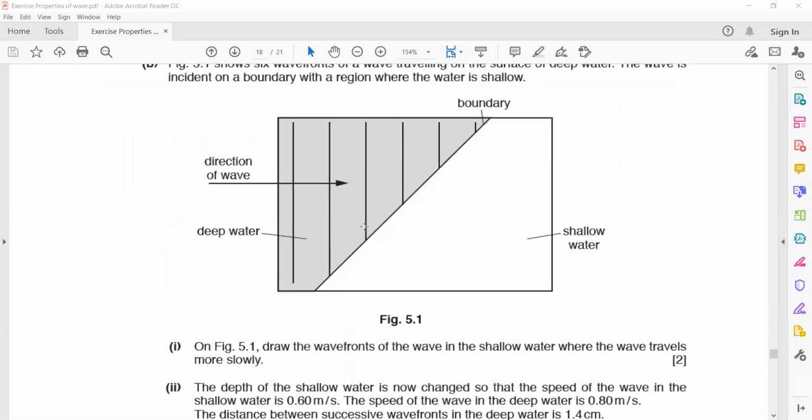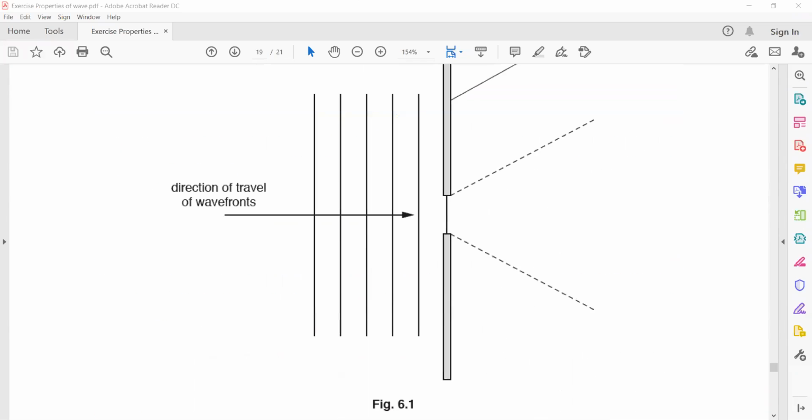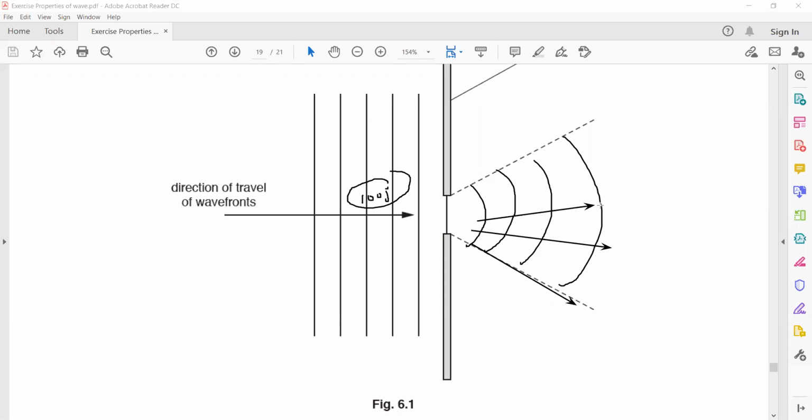And for a narrow gap, why does the amplitude decrease? Because, for example, a wave is transferring 100 joules of energy. If it is transferring 100 joules of energy, and if maximum diffraction occurs, the intensity or the amplitude of the wave decreases, because all of that 100 joules is spread.